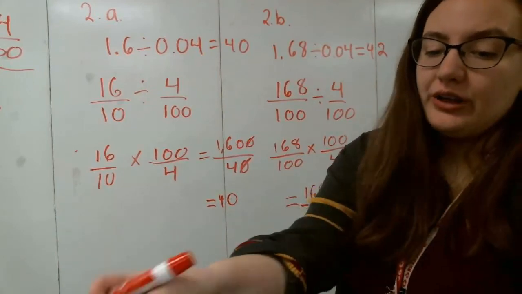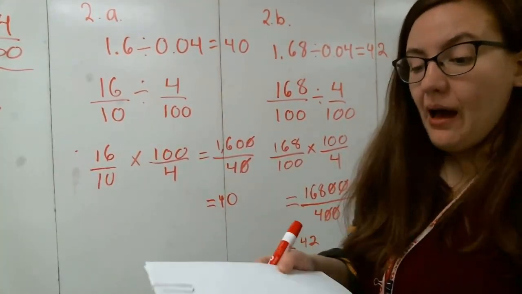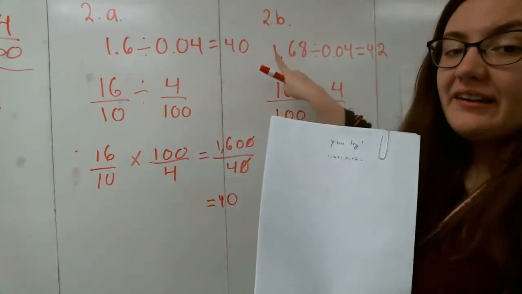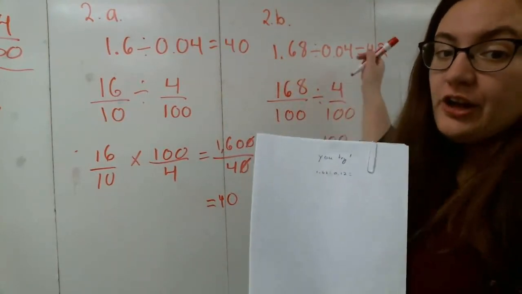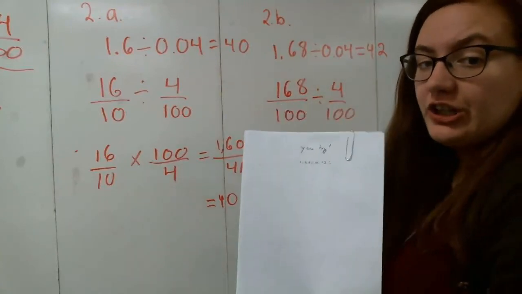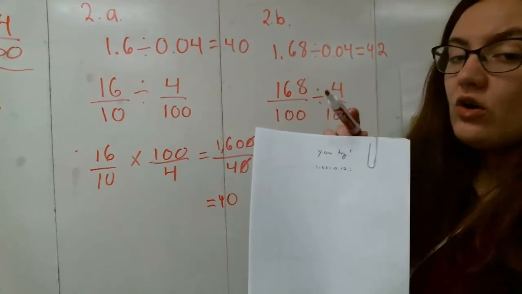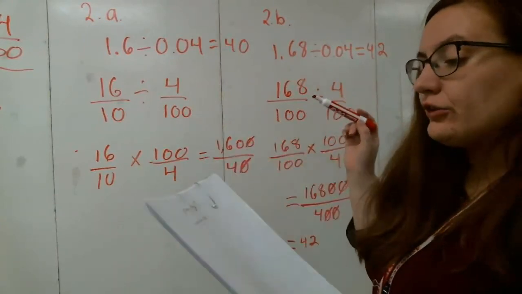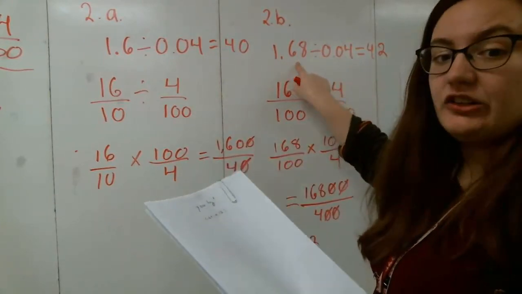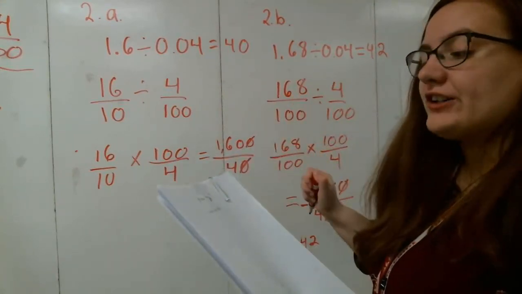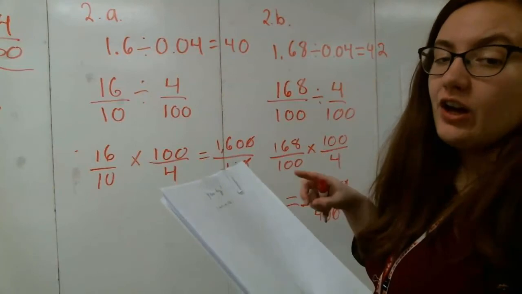Now we are going to take a look at the You Try problem on the back, and you'll notice that the You Try problem is very similar to 2b. So what I want you to do is use some of the work we did for 2b to help you out with this You Try problem. You still have 1 and 68/100ths, which you can rewrite as a fraction just like this, but you are dividing it by 12 hundredths.